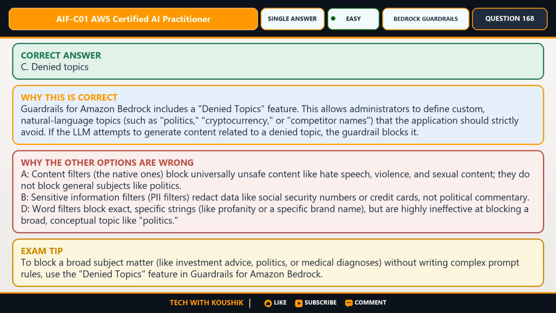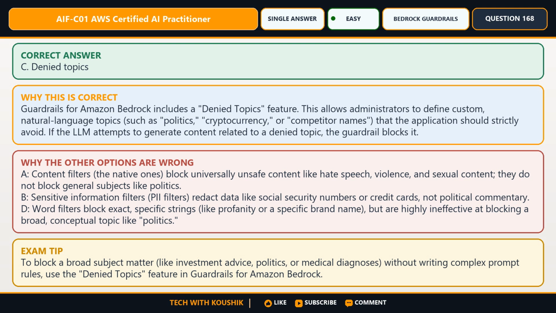The remaining options fail one or more requirements because A. Content filters, the native ones, block universally unsafe content like hate speech, violence, and sexual content. They do not block general subjects like politics. B. Sensitive information filters, PII filters, redact data like social security numbers or credit cards, not political commentary.